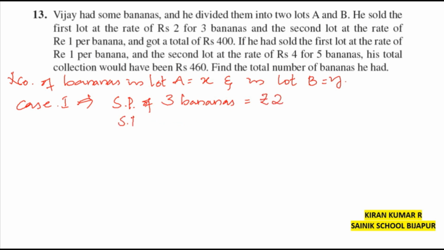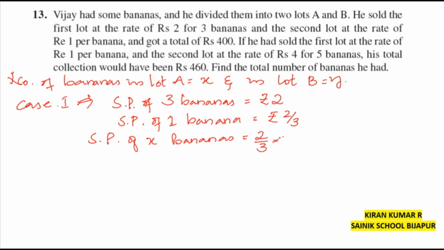Therefore, the selling price of 1 banana will be ₹2 by 3. If he sells X bananas, the selling price of X bananas will be 2 by 3 times X. That makes sense.